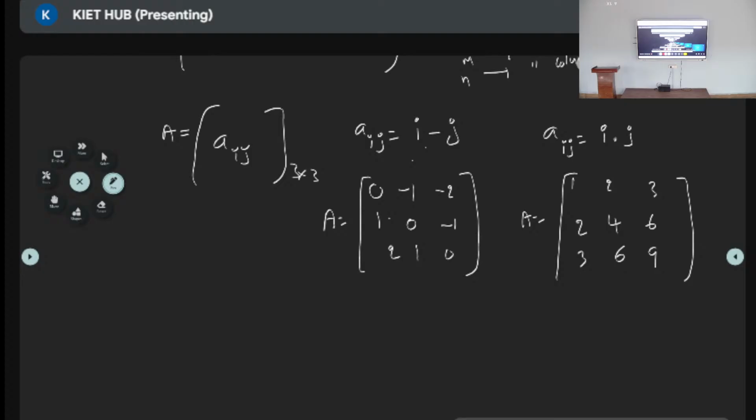Now, row matrix definition. All of you know what a row matrix is? Single row.